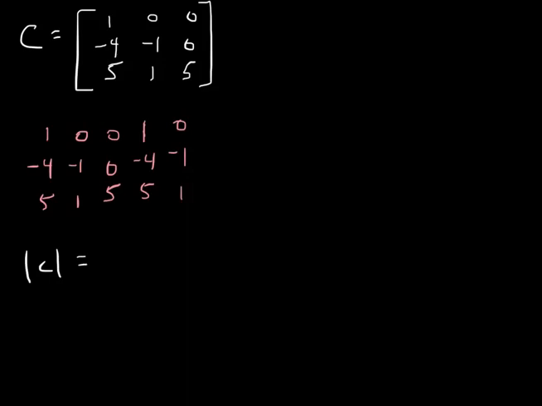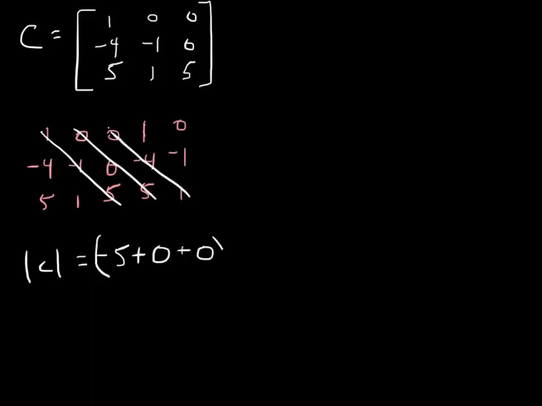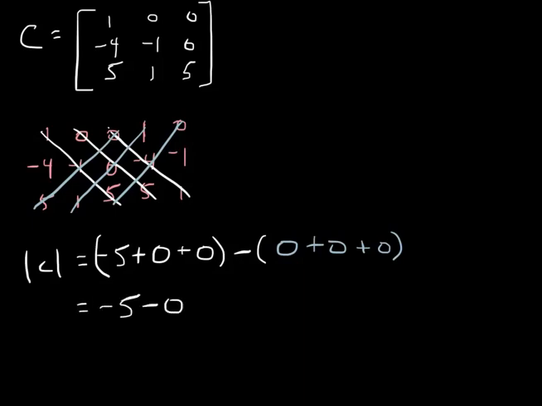So the determinant of C, we've got negative 5, 0, and 0. The other direction, we've got 0, 0, and 0. So that leaves us with negative 5 minus 0, which is just negative 5.